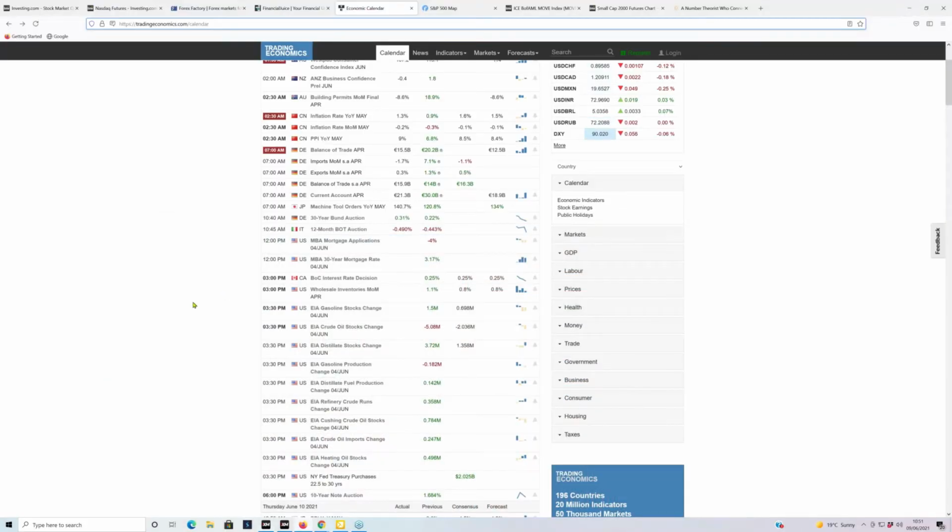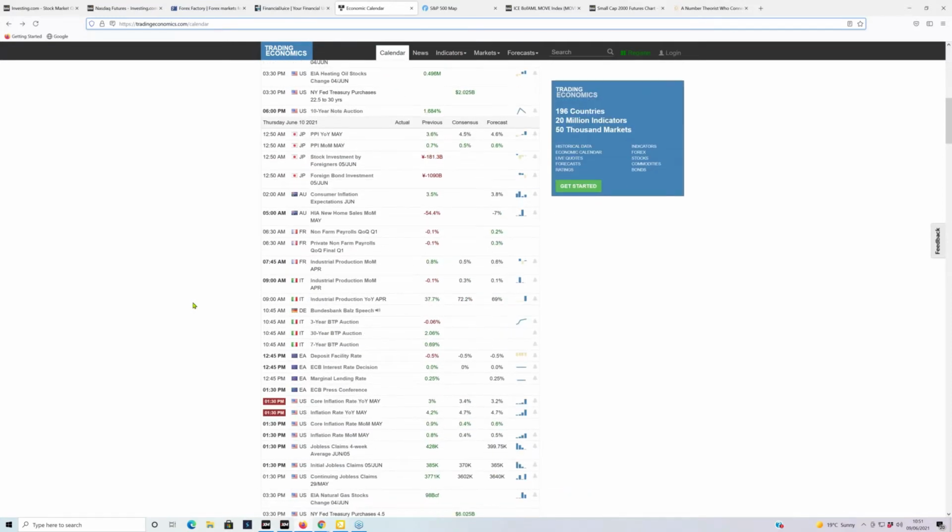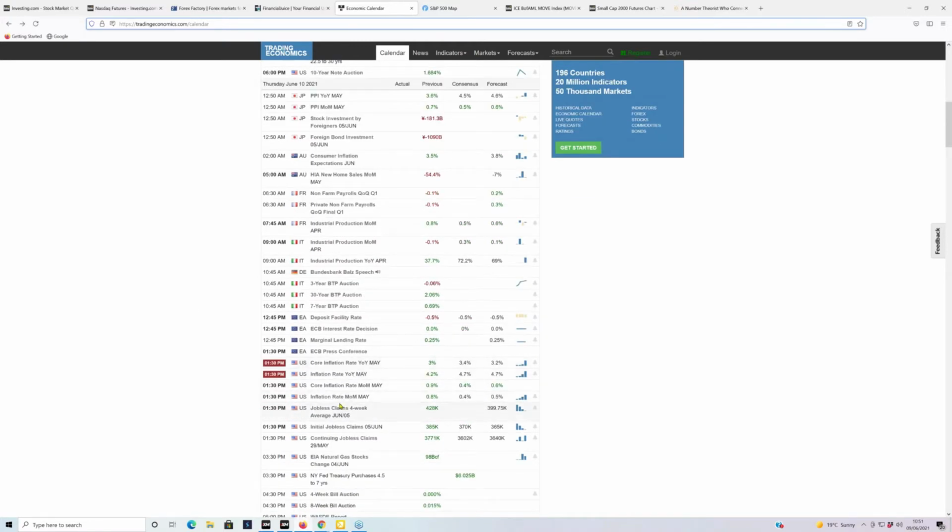Now, one of the reasons why markets are a little bit the way they are is if we look ahead for tomorrow, these items of news here, these are the inflation. This is US core inflation. At the moment, the market narrative is inflation, and how much higher is it going to go in terms of living expenses?